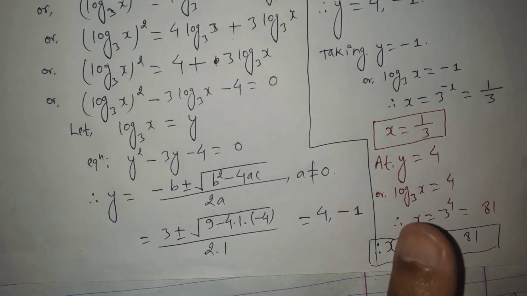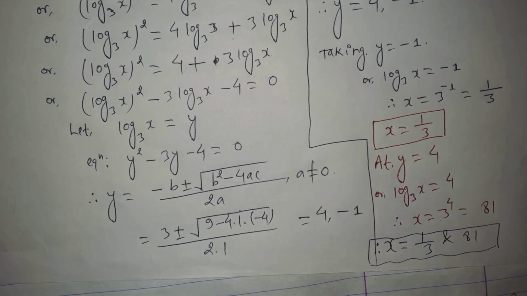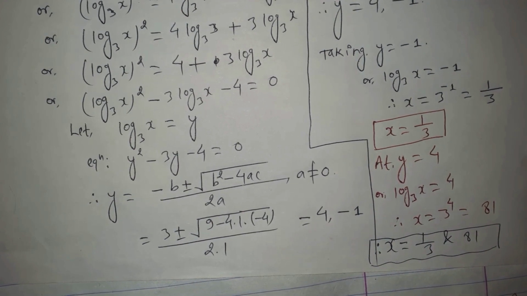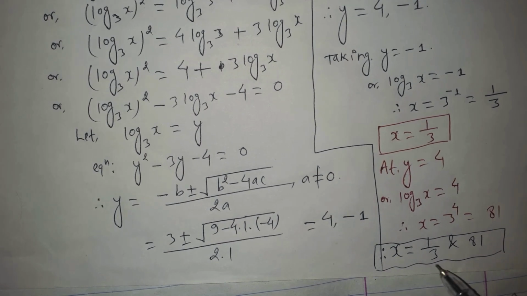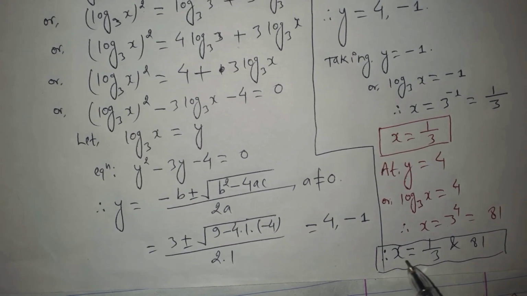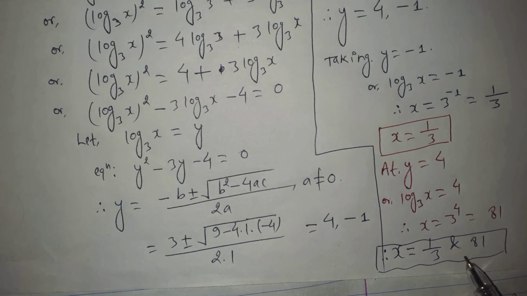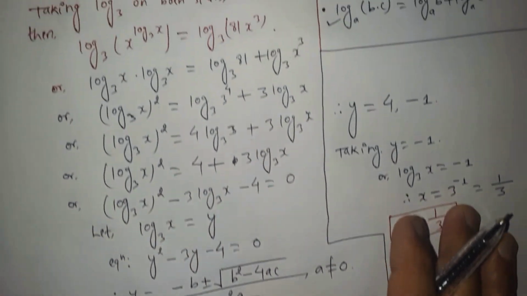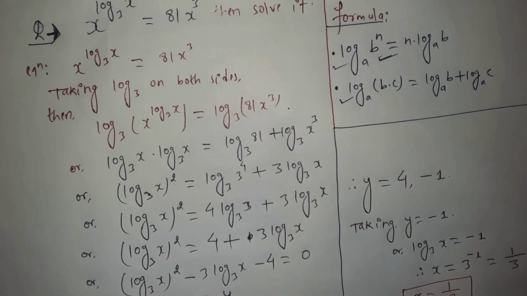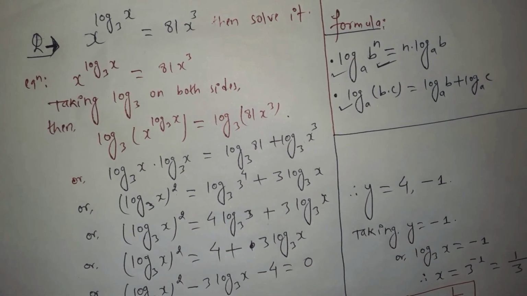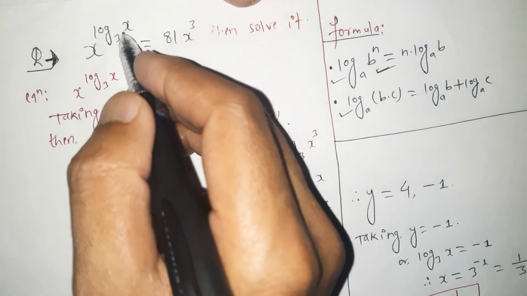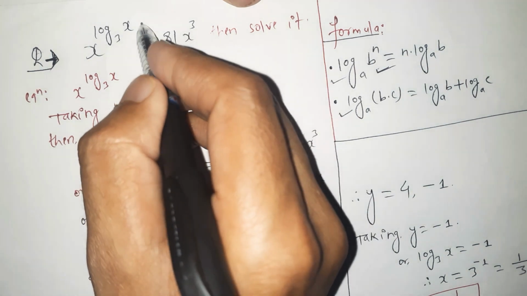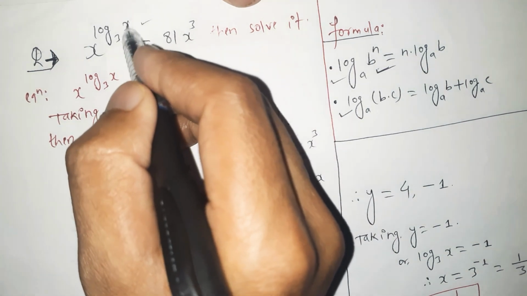In a logarithmic equation, the very important point to be remembered is checking the results. We have to test the results. Here the results of x are 1 over 3 and 81. Let's check whether these two values satisfy the equation or not. Taking the first value, 1 over 3, if we plug it in, the log will be defined because 1 over 3 is a positive number.